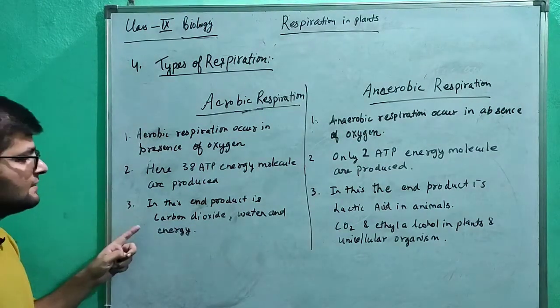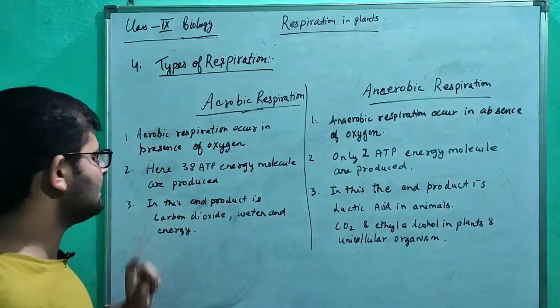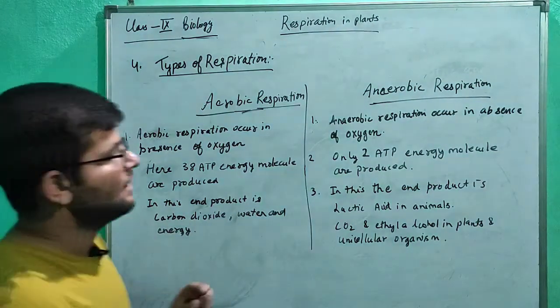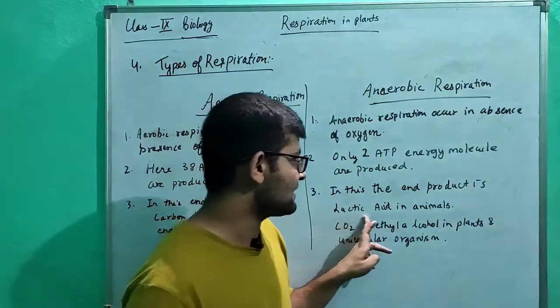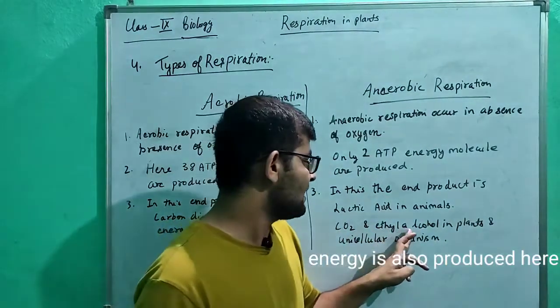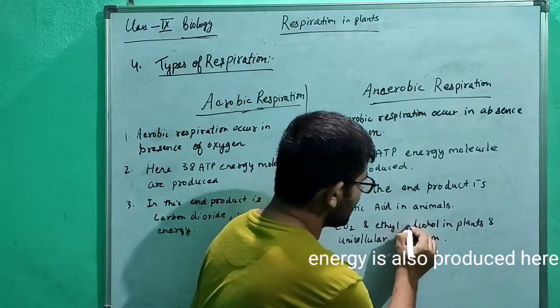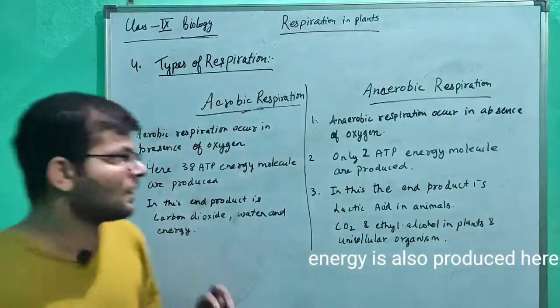In aerobic respiration, the end product is carbon dioxide, water and energy. In anaerobic respiration, the end product is lactic acid in animals and carbon dioxide and ethyl alcohol in plants and unicellular organisms.